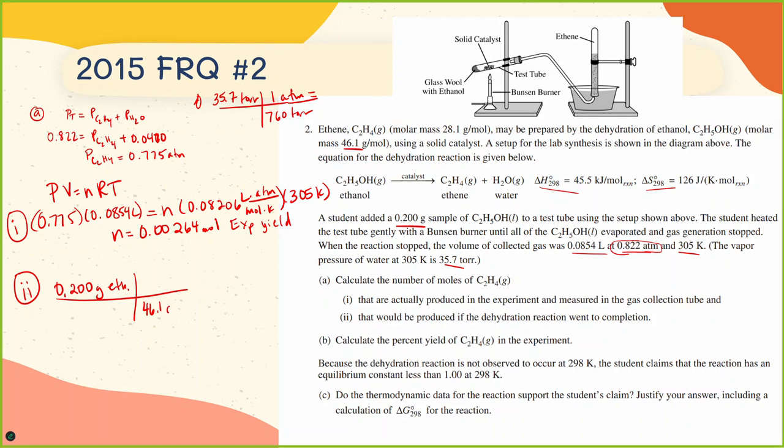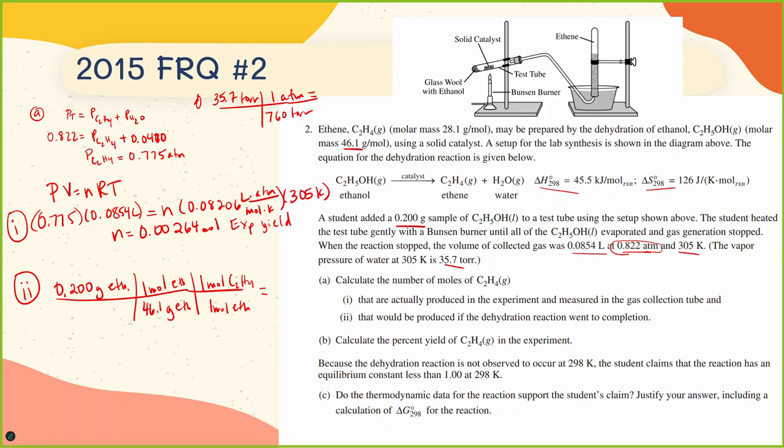If they give those to you in the problem, use them. So this is part F. And then 1 mole of ethanol goes to 1 mole of the ethene. And we can figure out if it goes to completion, this is what it should be. 0.2 divided by 46.1.